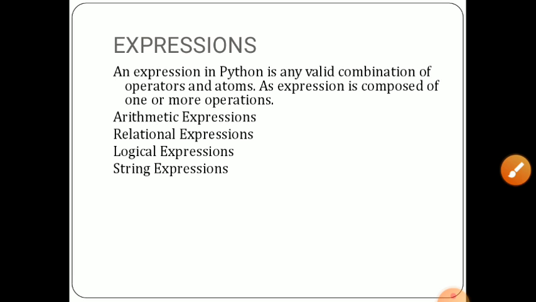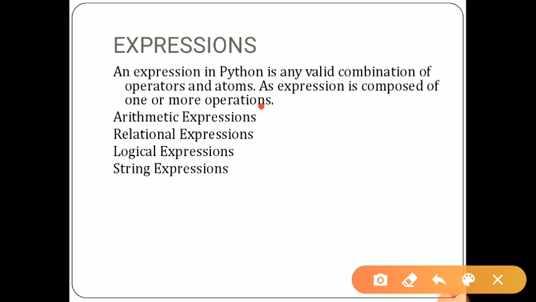So in Python there are arithmetical expressions, if we are doing arithmetical calculations, relational expressions, logical expressions, and string expressions. If we are using these calculations with strings, it is called string expressions.